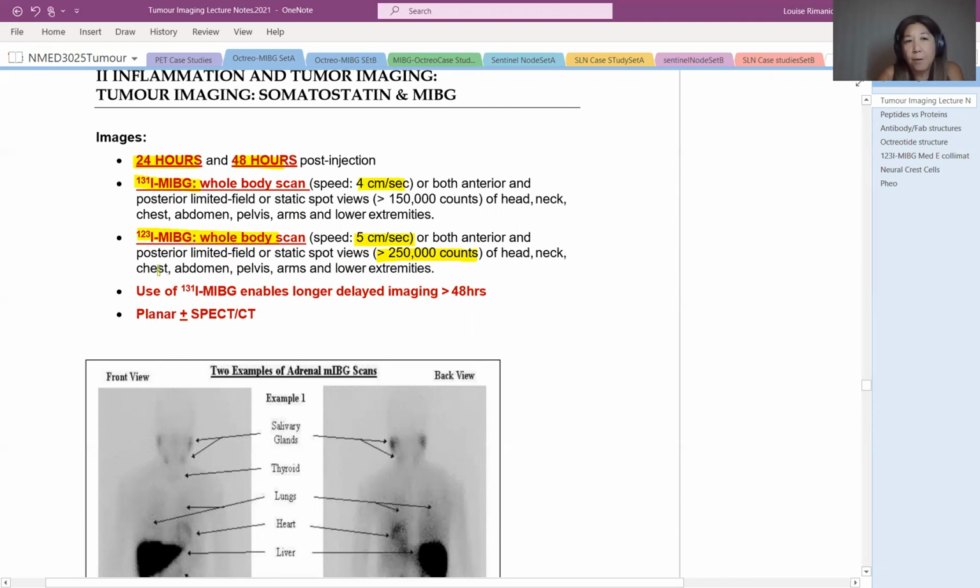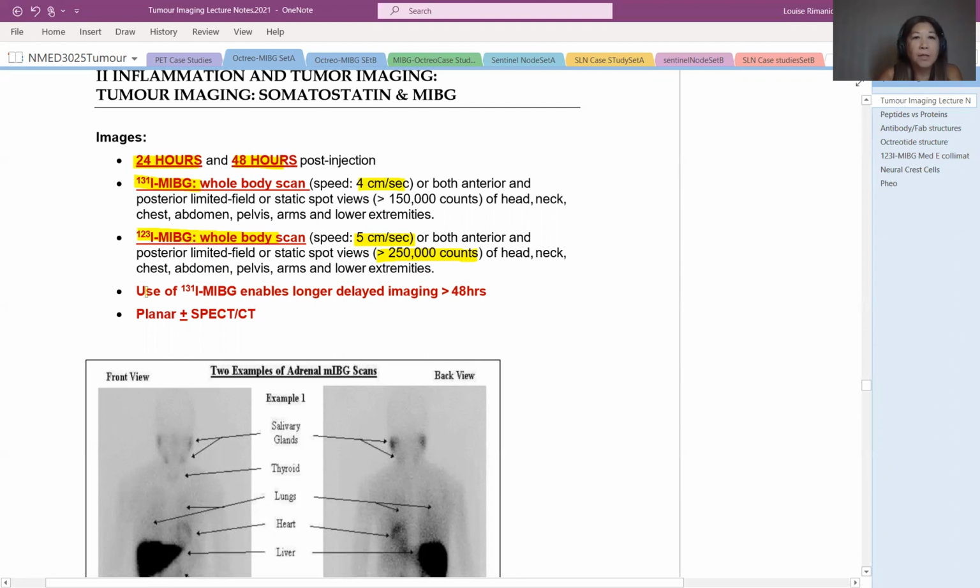It almost inevitably is a whole body scan because we're usually looking for the primary tumor plus the possibility of metastatic spread. But you may want to do zoomed, high resolution, high count rate images over the area where they suspect the actual primary tumor is.